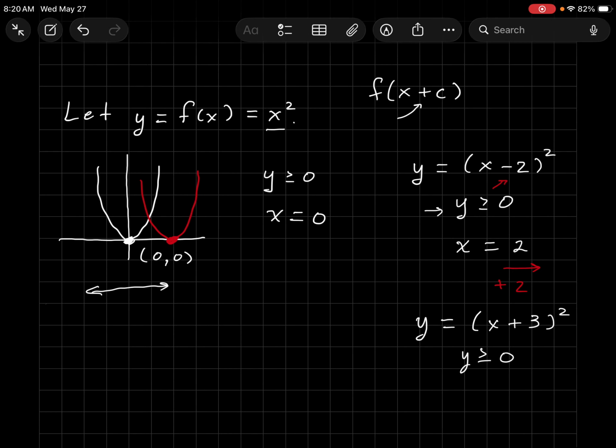You've taken the time and you realize this occurs when x equals negative 3, because negative 3 plus 3, squared, equals 0, and then 0 squared is 0. So even though it says x plus 3, we're going to go minus 3, or 3 to the left, 1, 2, 3, and then redraw our graph. It looks like it's doing the opposite, but it's doing exactly what it's supposed to do.